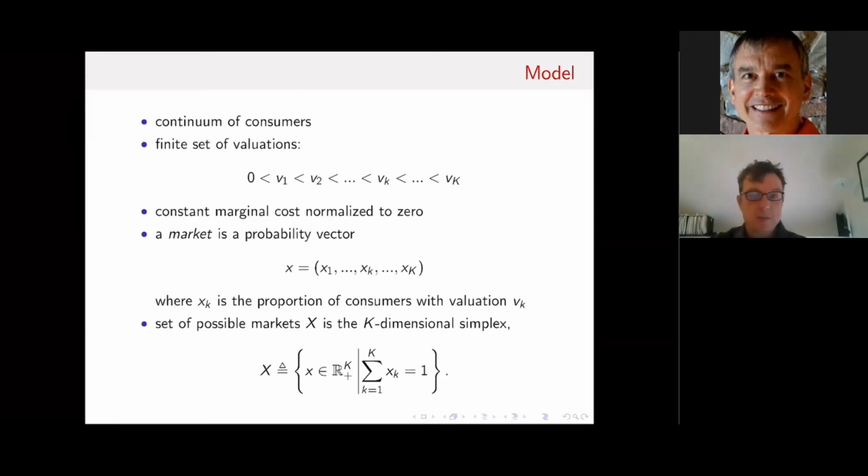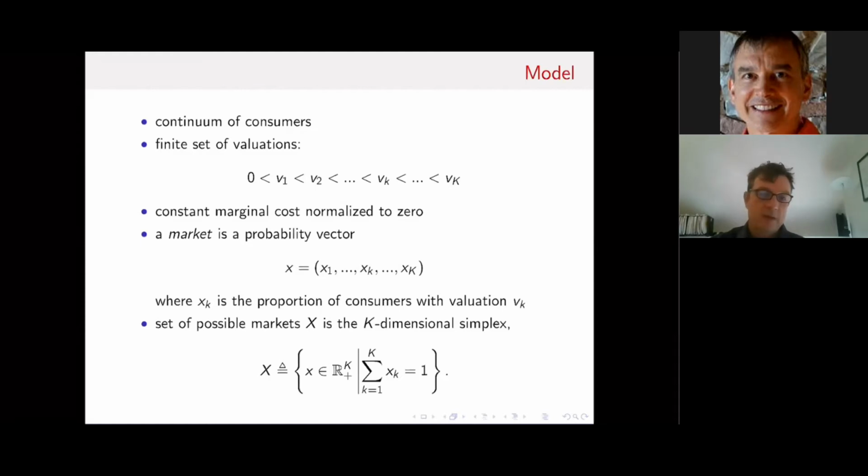And then the set of possible markets is simply what we call a k-dimensional simplex, because it is simply any possible probability distribution over these k valuations from 1 to k, capital K. The entries xk have to be non-negative, and they have to sum up to 1. Okay, because of that constraint that they have to sum up to 1, we have a k-dimensional simplex.